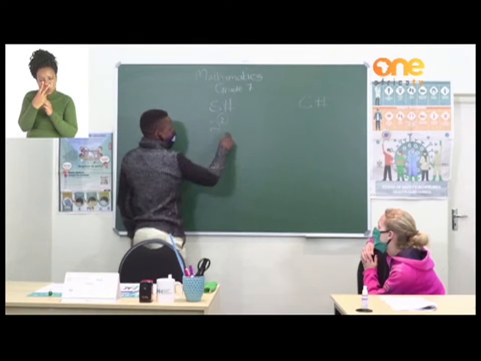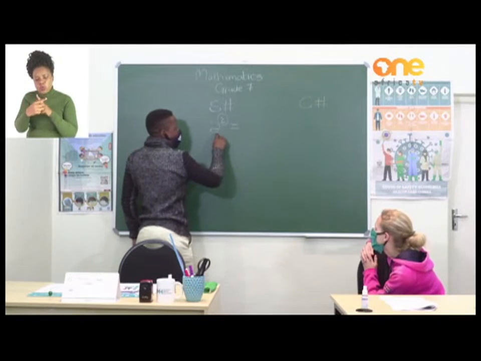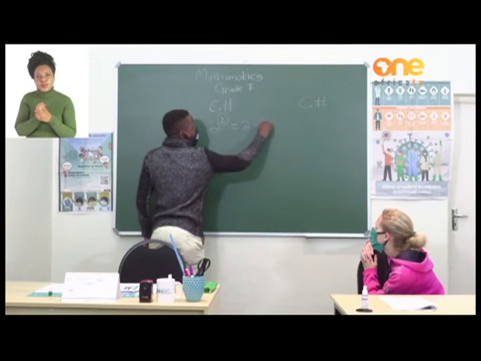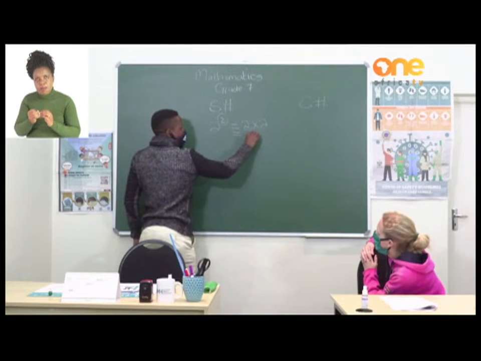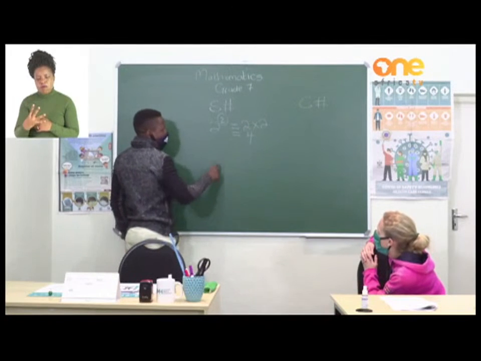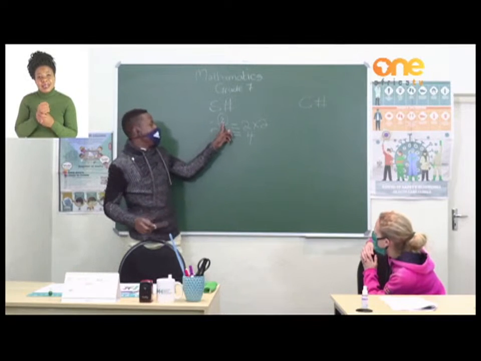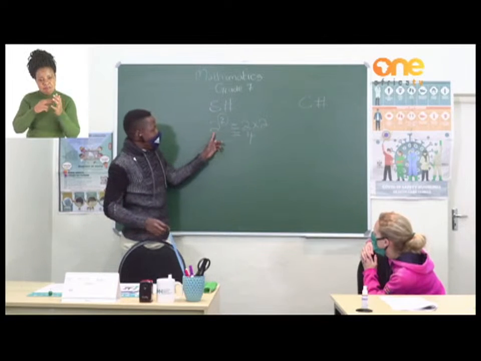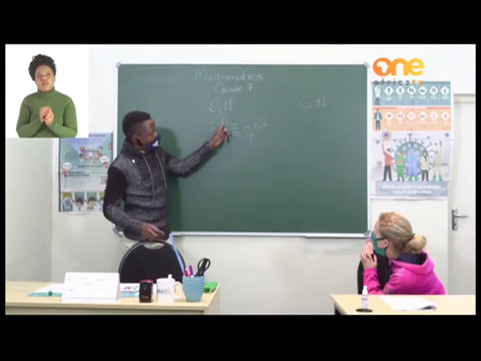You can also expand it in this way: 2 times 2 gives you a 4. If you look at this 2, it means this number has to appear twice. That's why there's a 2 here.